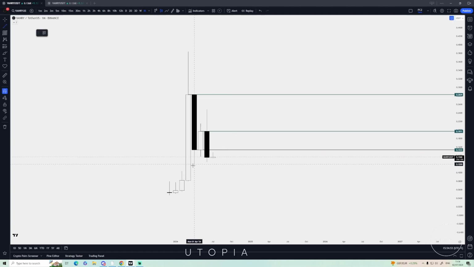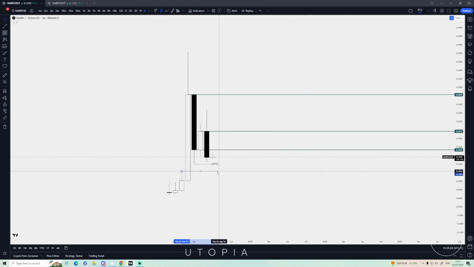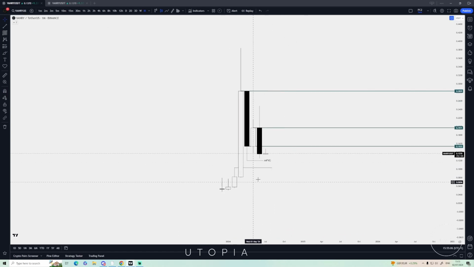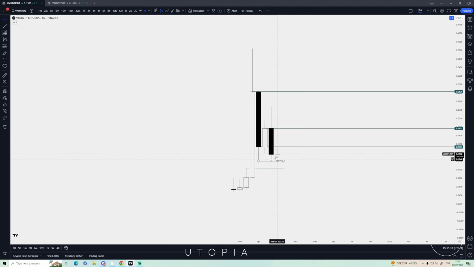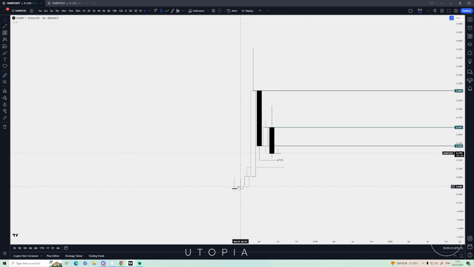We can see that we have this monthly fair value gap here. It is a newer listing coin. This is the most history I could find on the coin on TradingView. It's only a 7-month coin, listed basically just before the new year.